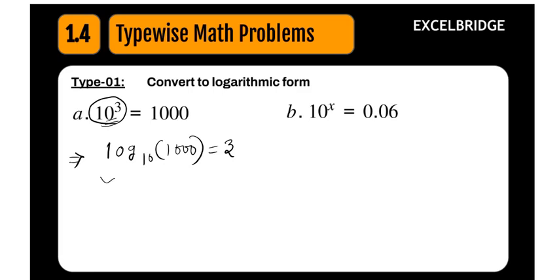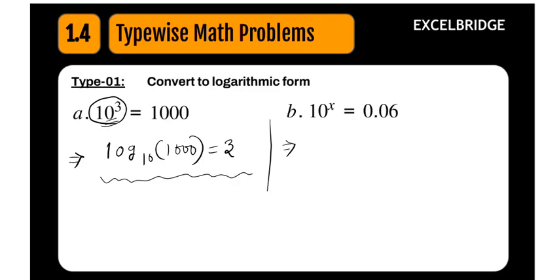Okay, so pretty cool. This is the logarithmic form for this exponential equation, and for this, and this is pretty simple. Log base 10 of 0.06, and here's a concept we have discussed before. Can you remember that?